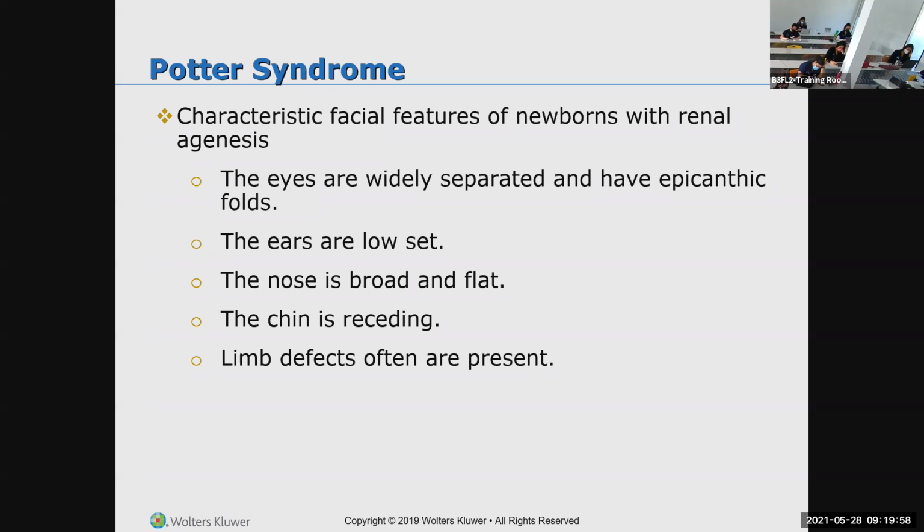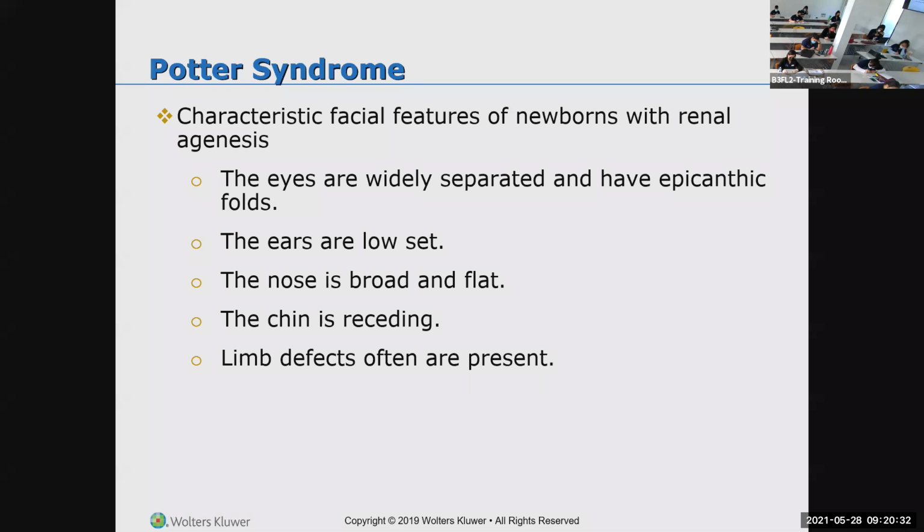Because of the less amniotic fluid, that causes a pressure effect on my body, because the mother's uterus is pressing on my delicate structure. As a result, I have abnormal facial features, abnormal limbs, and the kidney is not there. So that's called Potter syndrome, and the cause is agenesis of the kidney. Remember all those features?